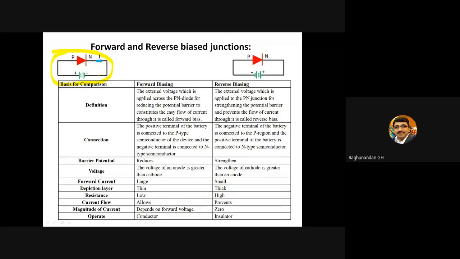There is a small change. What is that small change? PN junction and diode, is there any change, or are both exactly the same? I want the reply.